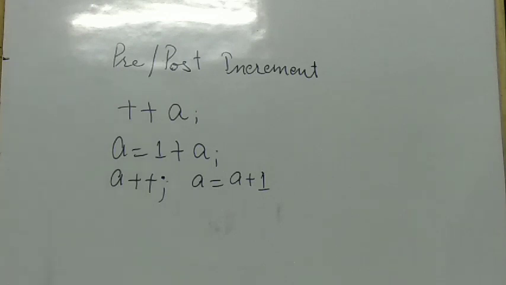If you take the example of mathematics, you may say that both are the same, the output is the same, but in a program they give different output. Let's take an example.